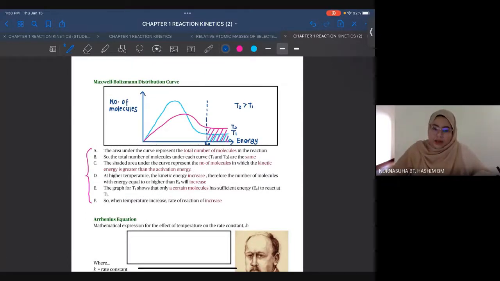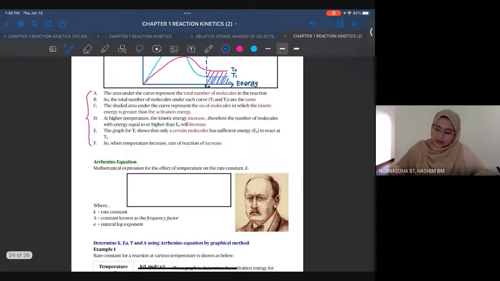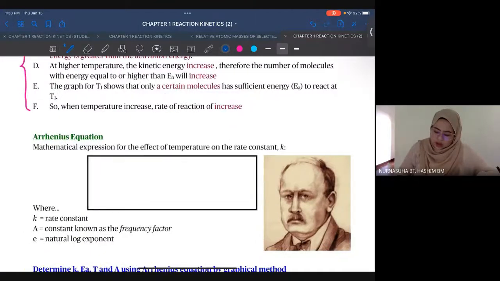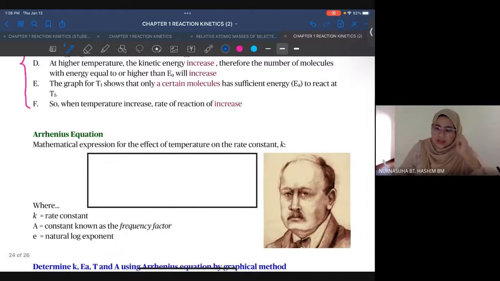Okay guys, another scientist came. Dia kata, bolehlah kita plot graph sebenarnya. So, that is the Arrhenius. Okay, Arrhenius adalah nama saintis tu. So dia cakap there's a mathematical expression for the effect of temperature on the rate of constant.